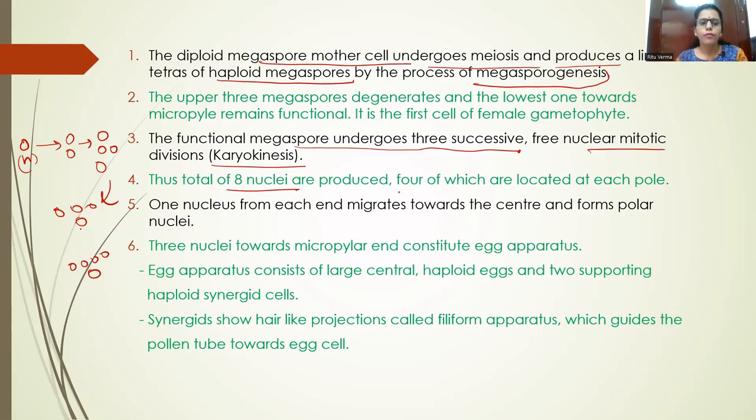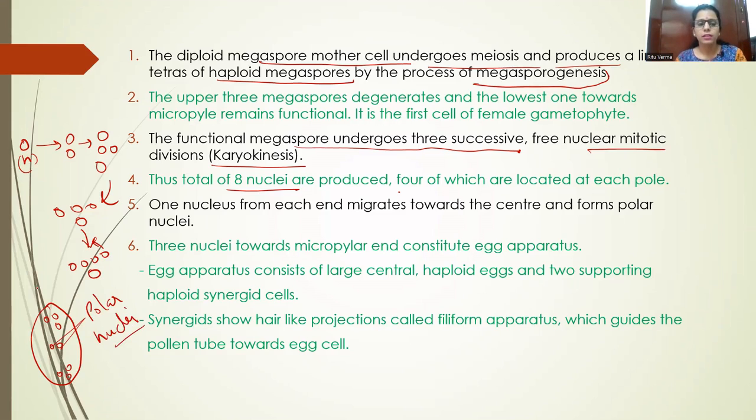Now one nucleus from each pole moves towards the center. So this developing embryo sac now has 2 haploid nuclei in the center and 3 haploid nuclei at each pole. These 2 haploid nuclei in the center are known as polar nuclei.